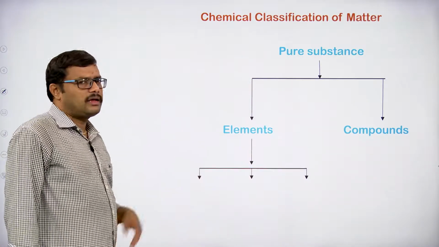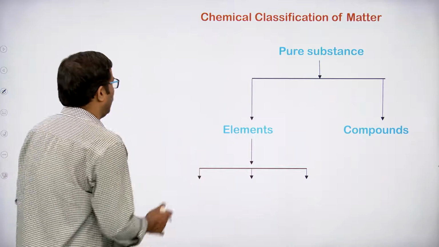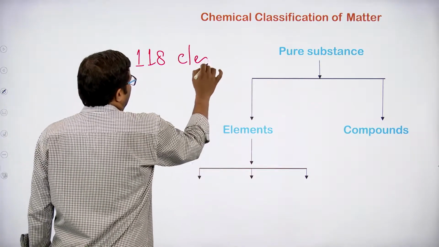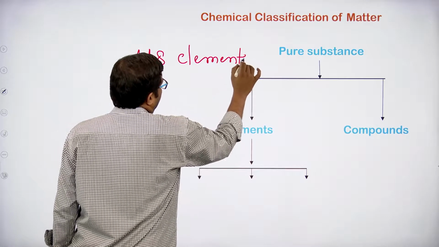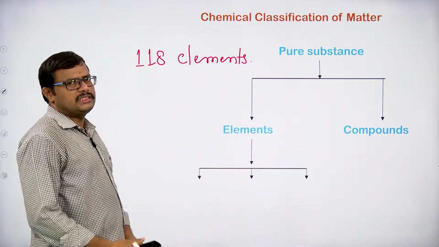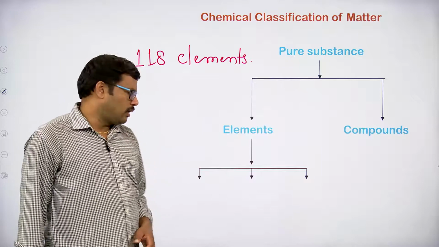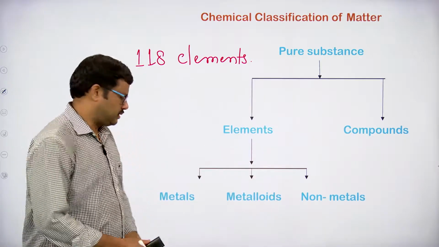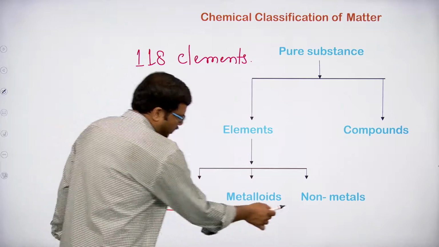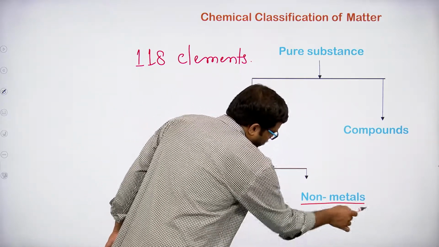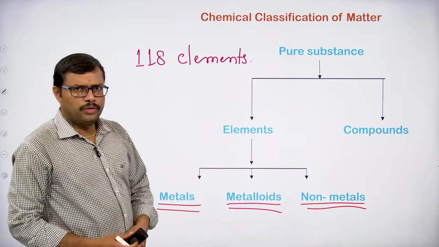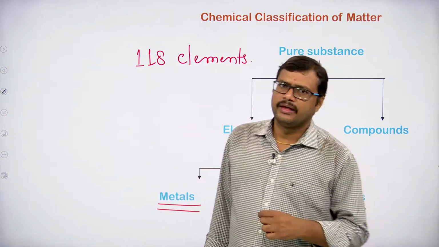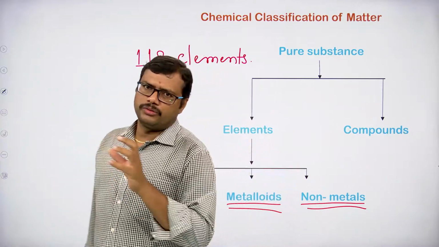As I told you, we have 118 elements in the periodic table, and these can be categorized into 3 groups: metals, metalloids, non-metals.